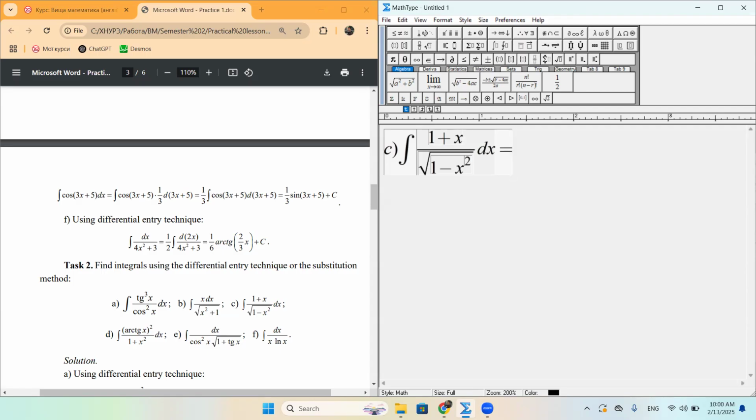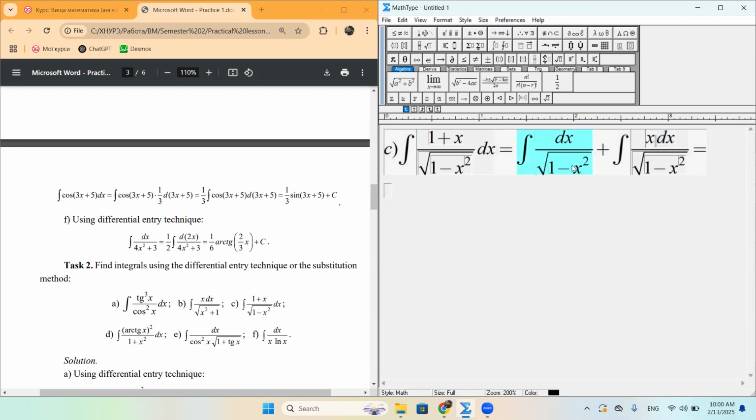Okay. So now let's use the property of linearity of the integral. We will make a sum of integrals. So we will transform it into a sum of two integrals like this.